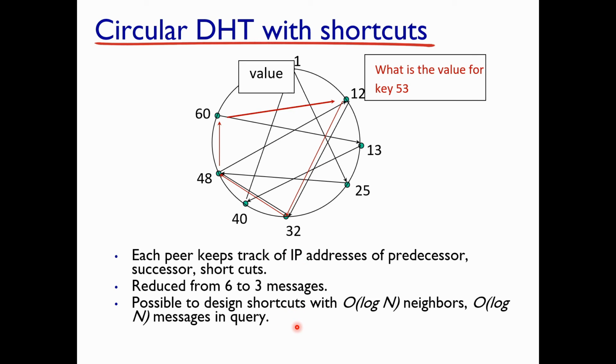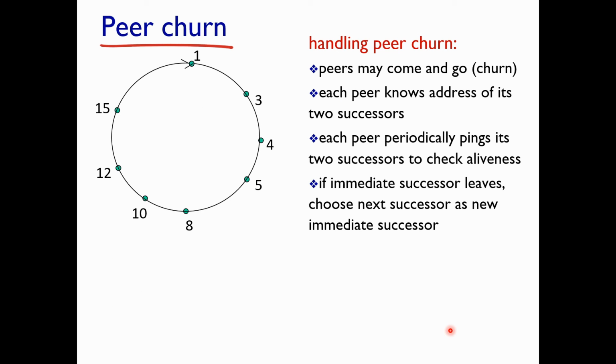So it is possible to design shortcuts with log n neighbors as well as log n messages in the query. Now how to handle the peer churn? As you all know, in a peer-to-peer network, peers may join the network as well as they may leave the network at any time.